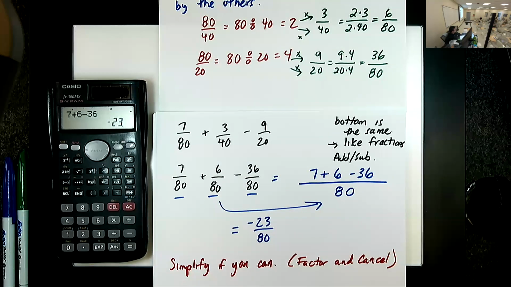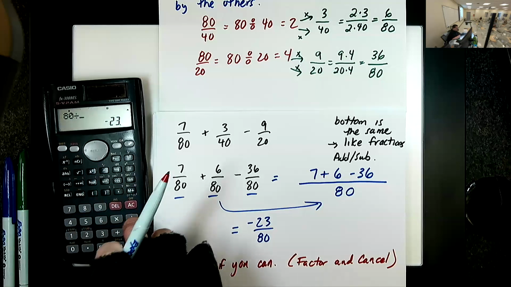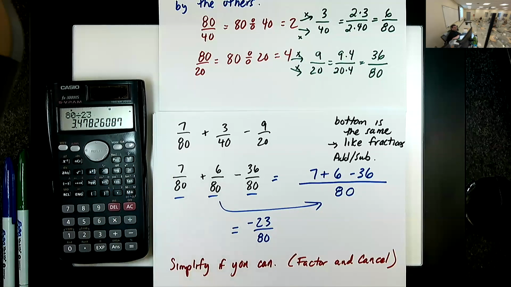When you have a prime number on the top, just check to see if the bottom is divisible by 23. 80 divided by 23, it's not evenly divisible. I get a decimal. That's bad juju. We don't want it. So it doesn't simplify anymore. That's because the top is prime. The next one we would do will not be prime, and we'll be able to simplify it.